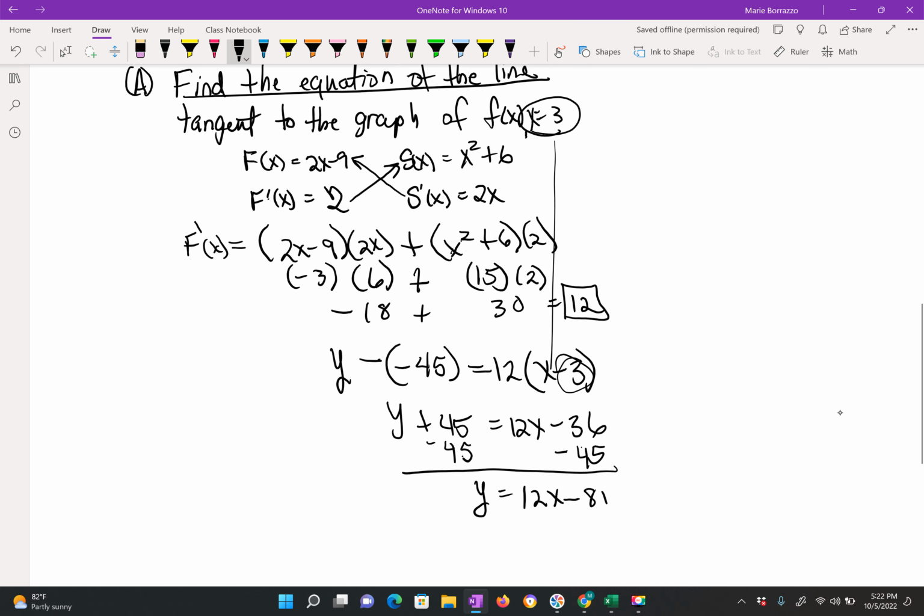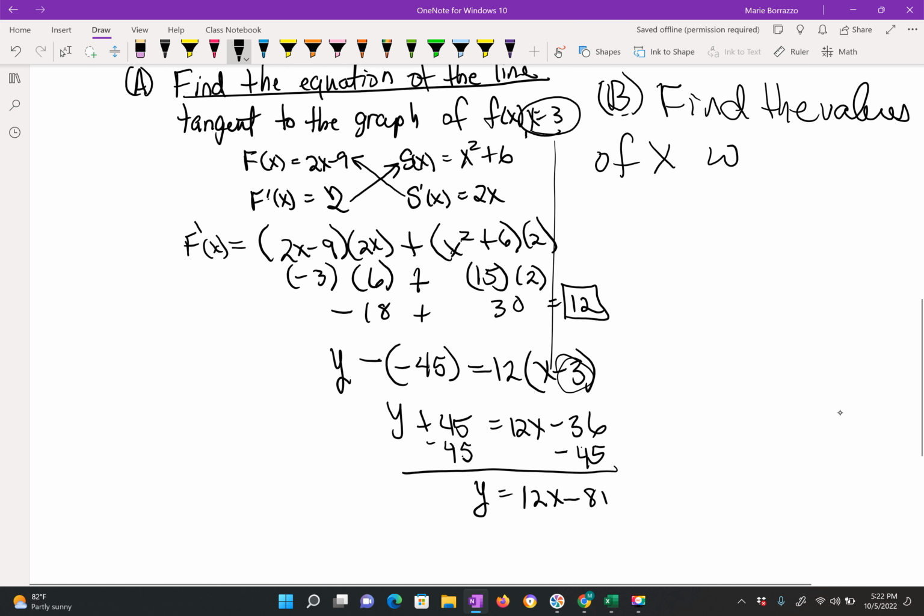Now, part B in this question says: find the values of x where the tangent line is horizontal.